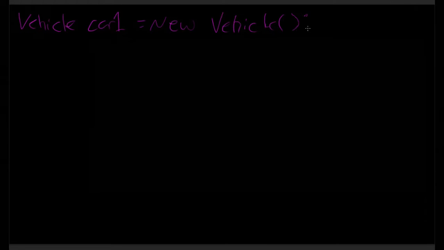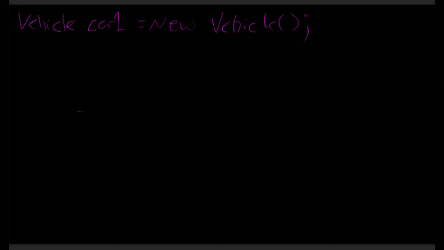All right, so when we create our vehicle and we say Vehicle car1 equals new Vehicle, with parentheses and our semicolon.